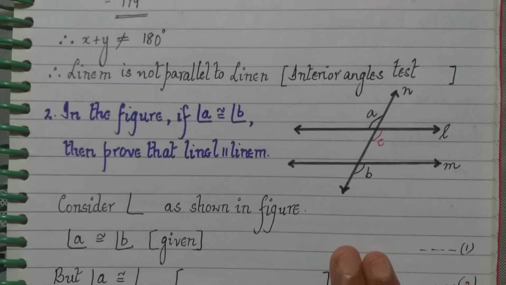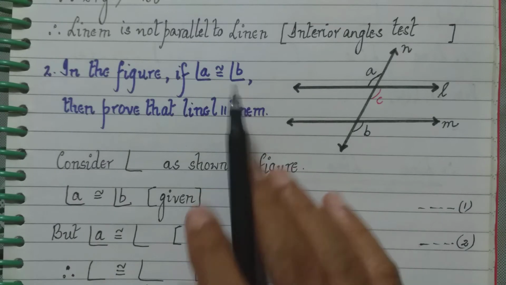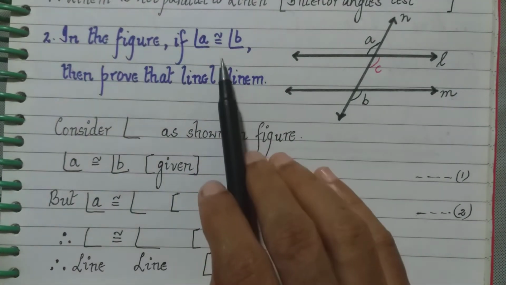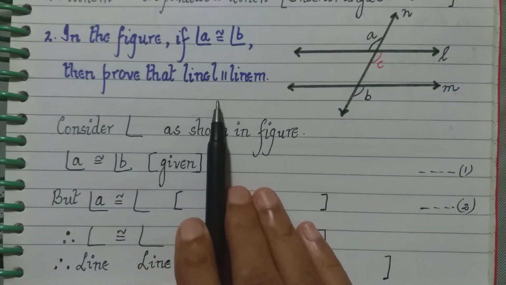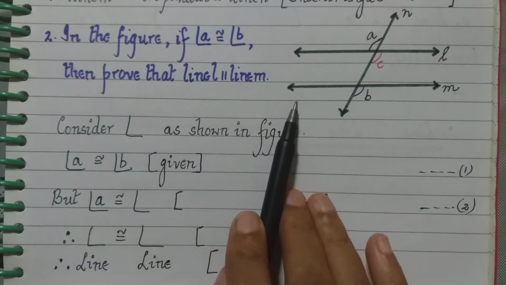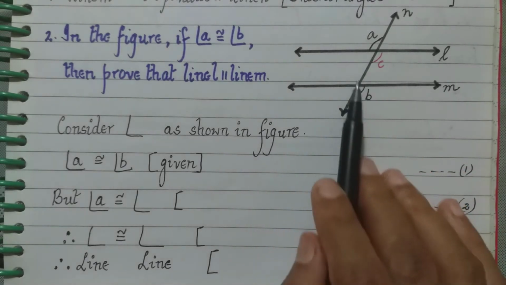Going to the second question. In the figure, if angle A is congruent to angle B, then prove that line L is parallel to line M. So they have given a figure here. This C was not given.